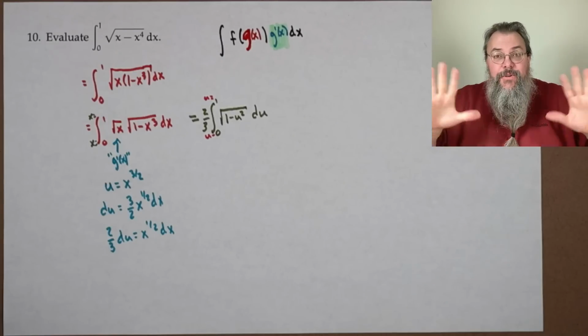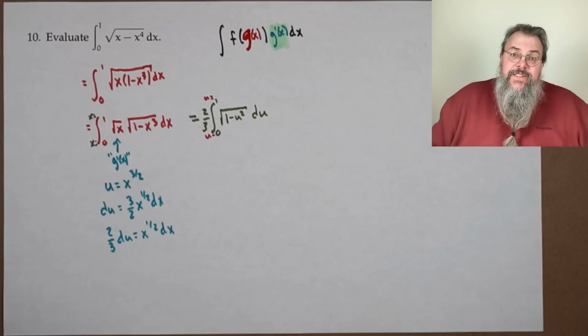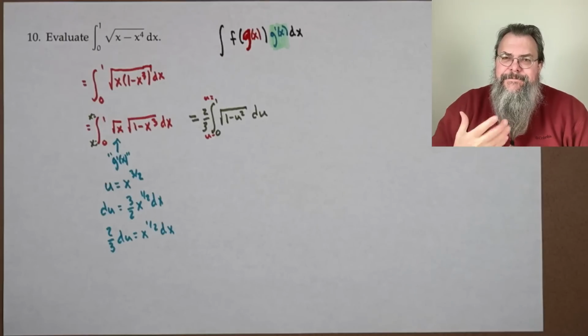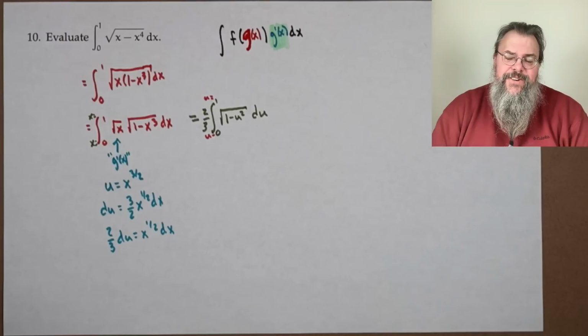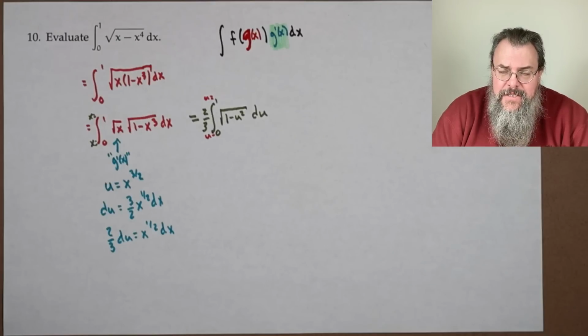Now, I don't claim trivial, but simpler. Unfortunately, it's still not one of our integrals that we know right away. But there's a familiar ring to this integral, like we've seen something like this before, somewhere out there, beneath the pale moonlight.